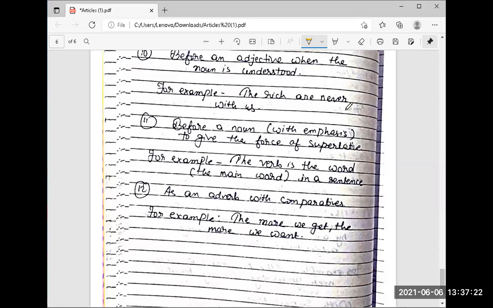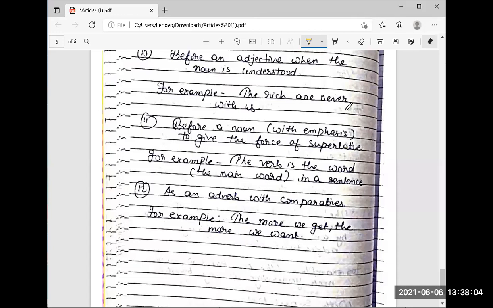Basically, the meaning of emphasis is giving importance to something. Any example where we can use emphasis? Any sentence with the word emphasis? What will be the synonym for emphasis? Importance. Okay, importance is the synonym.